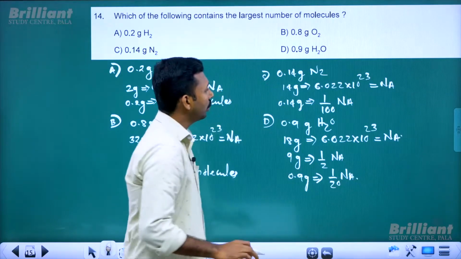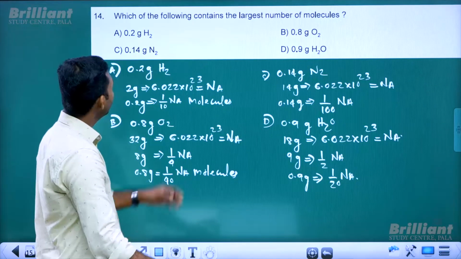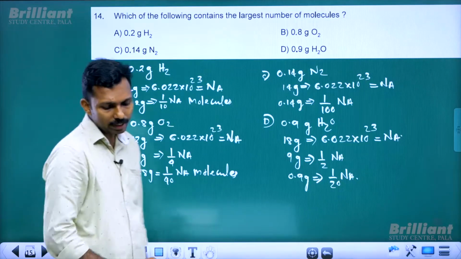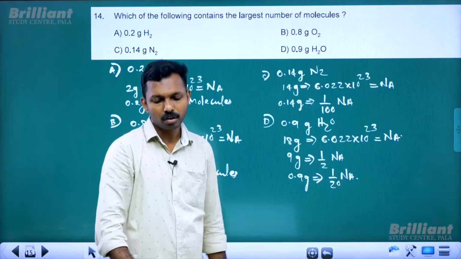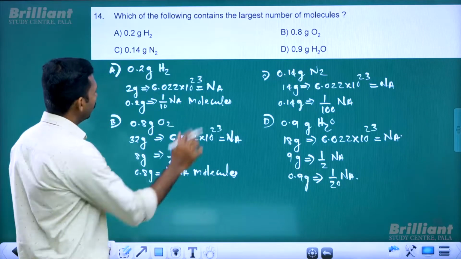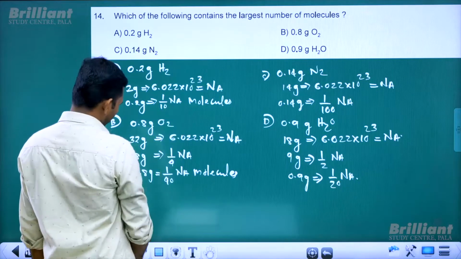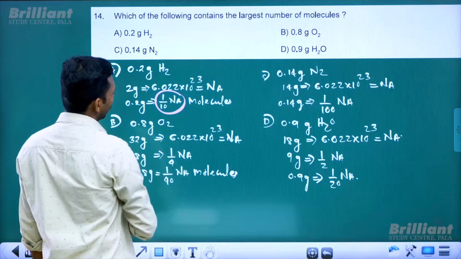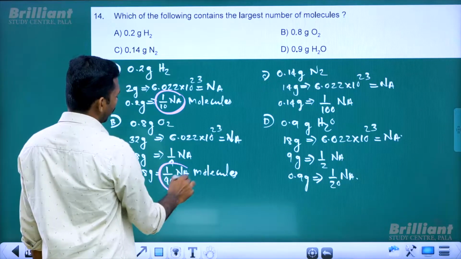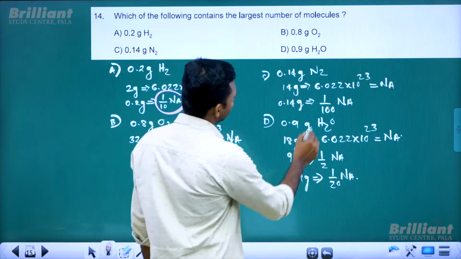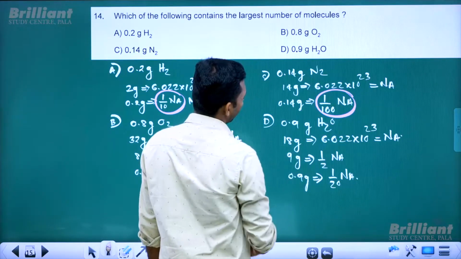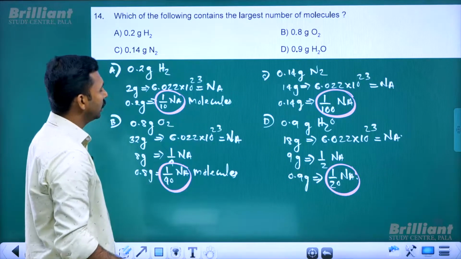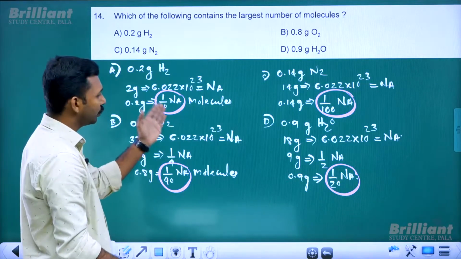Okay. So now our question is, which of the following contain the largest number of molecules? Now I think it is easy to compare all, right? So here first option is 1 by 10 Na. Second is 1 by 40 Na. Third option is 1 by 100 Na. And the fourth option is 1 by 20 Na. Among these, it is clear that numerator is 1 for all cases.